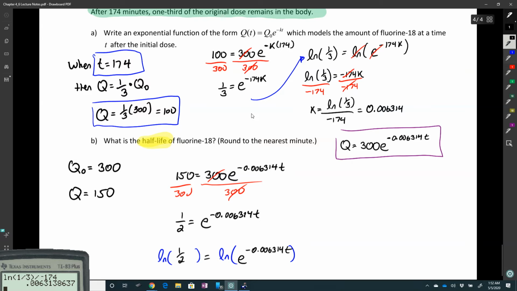To solve for t, the ln and the e cancel each other out. And so I have ln of 1/2 equals negative 0.006314 t. And all I got to do now is divide by that really small number.